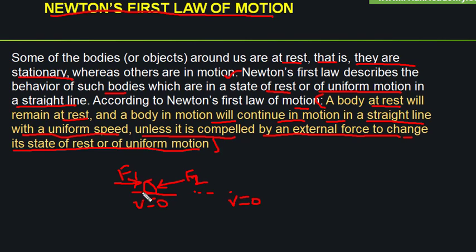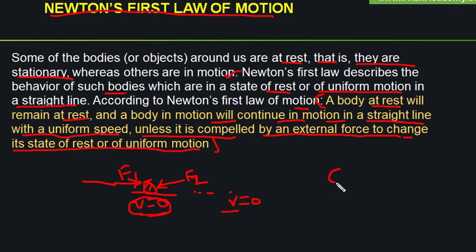If there is a balanced force, the resultant force will be zero, and the body will continue to be at rest. So when there is an unbalanced force, say F1 is much bigger than F2, then the state of this object will change. The velocity of this object will change only when there is a force applied. Otherwise, it will continue to be at rest.